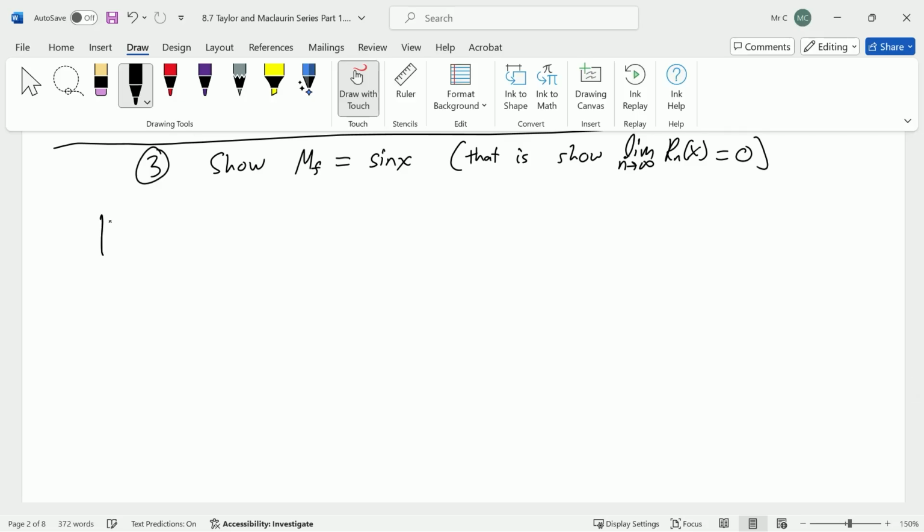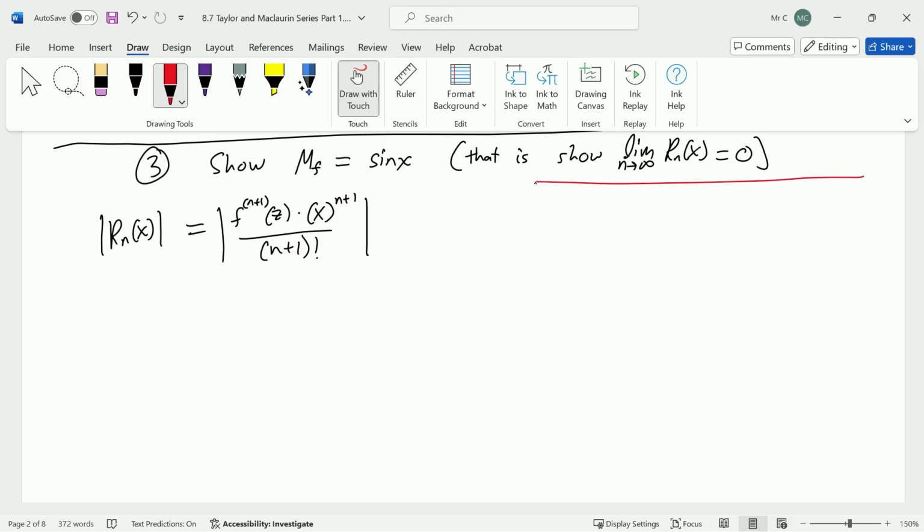Well, when we look at the absolute value of r sub n of x, that's the absolute value of the n plus 1th derivative at z times x to the n plus 1th power over n plus 1 factorial. So let's do a little aside here. This is kind of the critical thing.